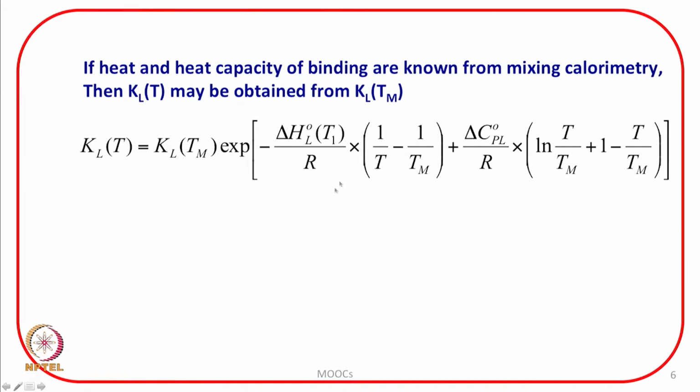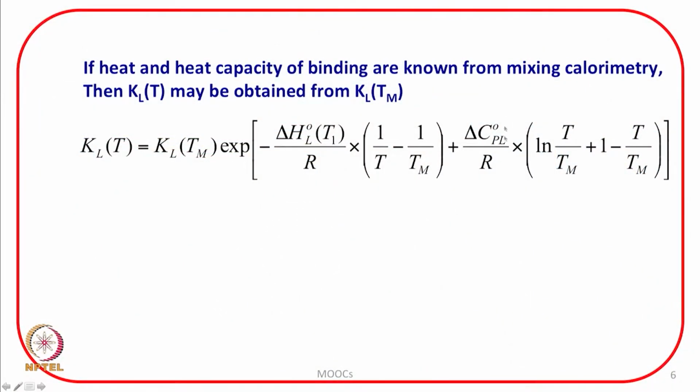Now, the question is, for this we need to know the enthalpy of binding and heat capacity of binding. And if these two quantities are known from mixing calorimetry, suppose we do not have instruments which give both the K and delta H very accurately, but we have an instrument like ITC that can give you very correctly the value of enthalpy of ligand binding even if the binding is very strong.